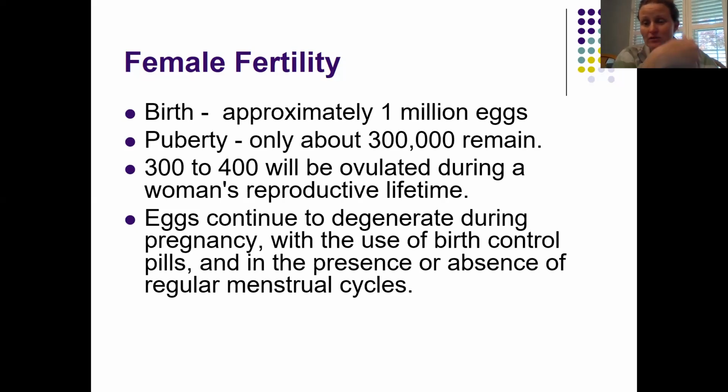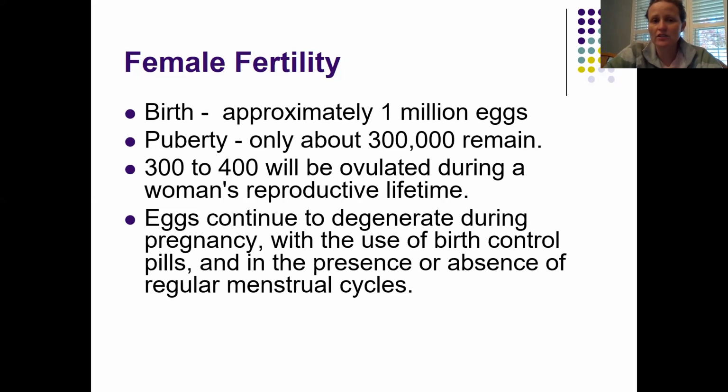So if I don't have any hormones telling me that, I'm never going to release an egg. At the same time, if I never have enough estrogen and progesterone, I'm never going to make a uterine lining that's thick enough. And that's what an egg needs to implant itself and start to actually grow a fetus.